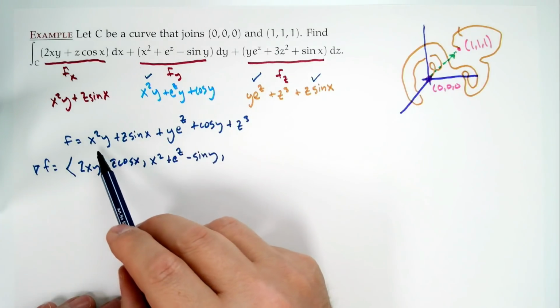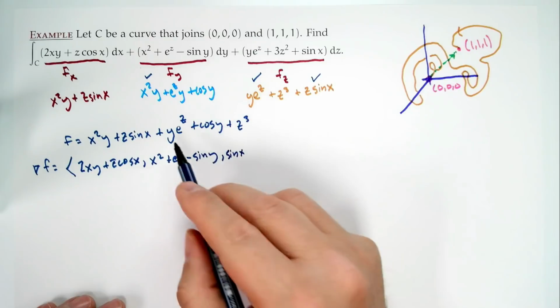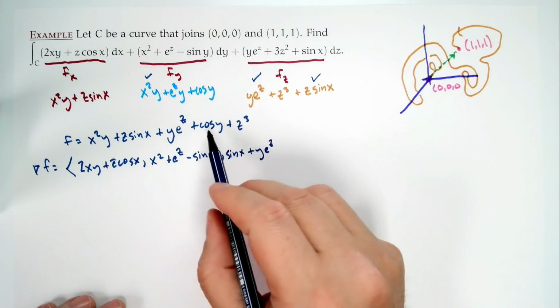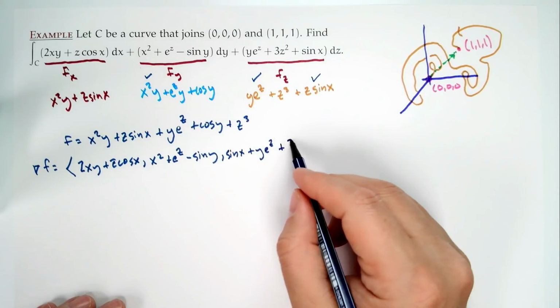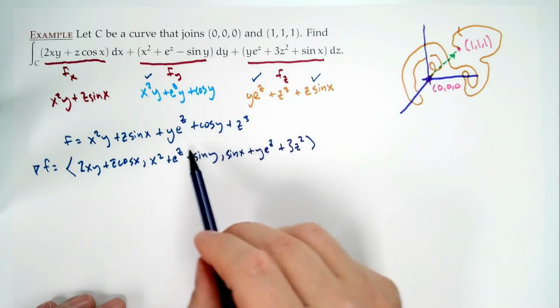Here with respect to z: 0, sine x, y e to the z, then 0, and 3z squared. And if we compare the entries, we see they match up.